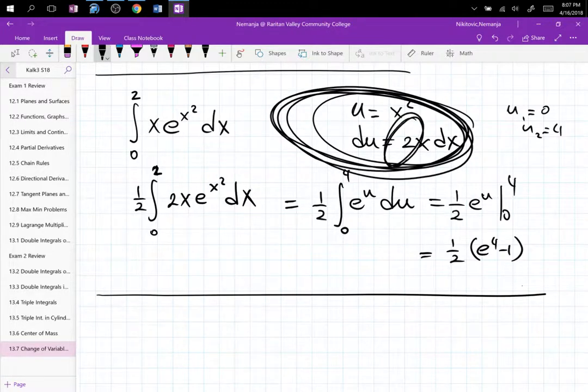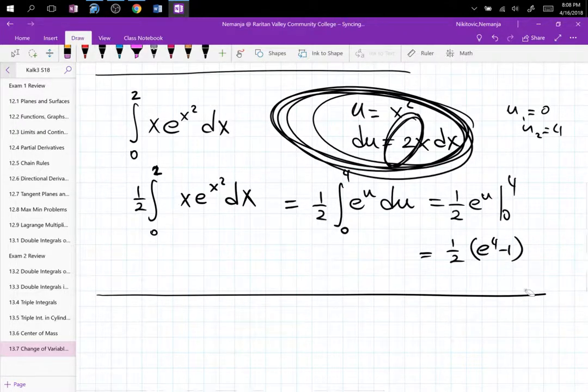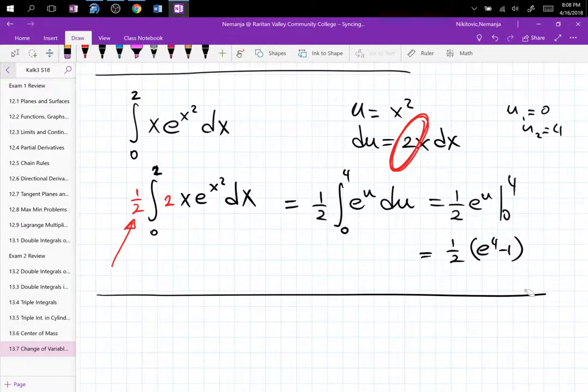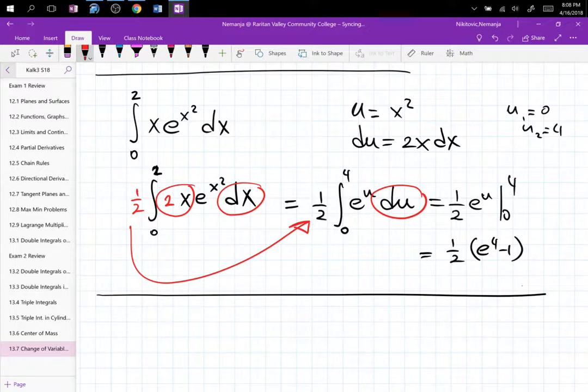I don't have these 2 in the original problem, so it is me who is adding the 2 out of nowhere, but I have to add it to make the substitution work. Because I'm adding that one, I have to counter it with this one. So now this is du, and this one I get to copy. Make sense?